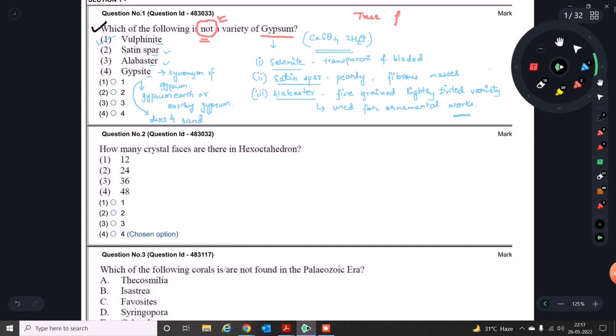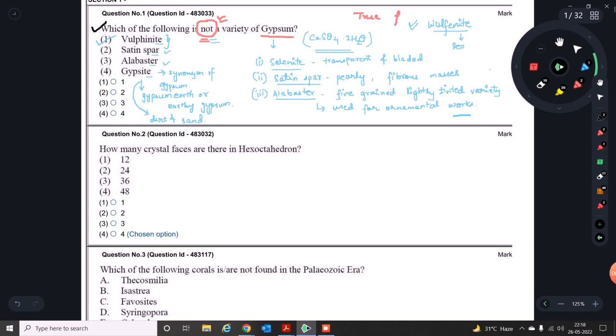So here we have wulfenite as the right answer. So it is not a variety of gypsum. And first and foremost in this paper, I guess wulfenite was mentioned as one of the options. I didn't even find anything about it at first, I hadn't even heard that there is a mineral named wulfenite. But wulfenite is nothing but a lead molybdate mineral.